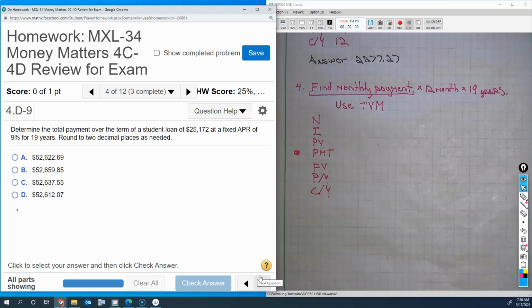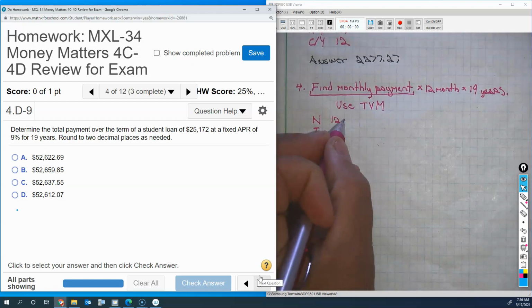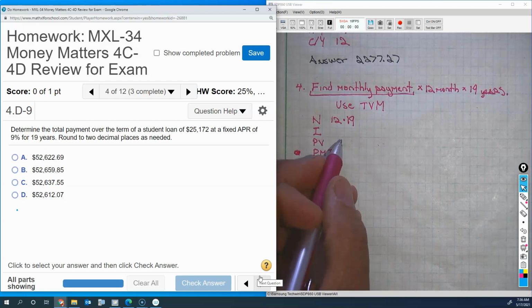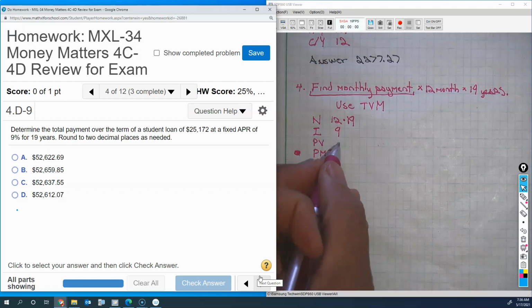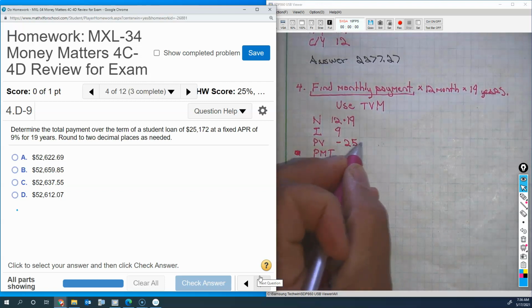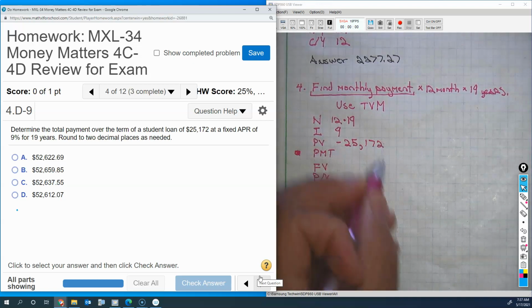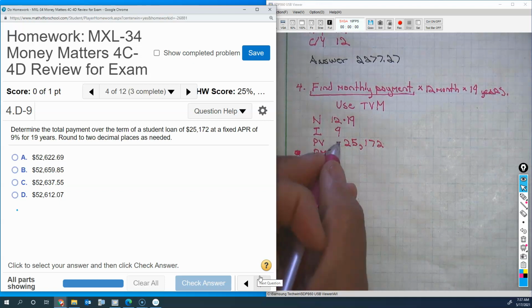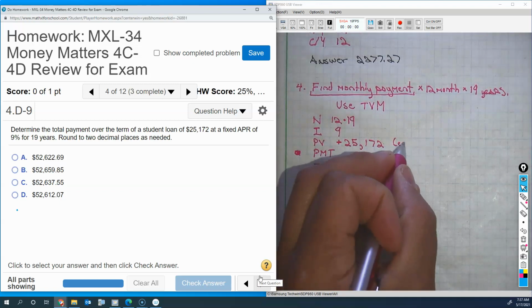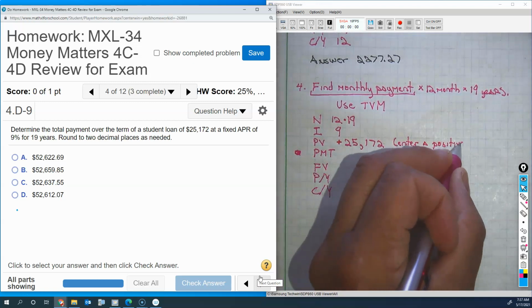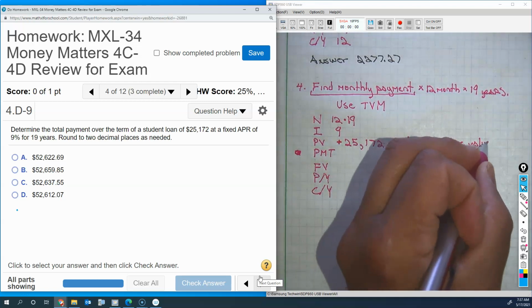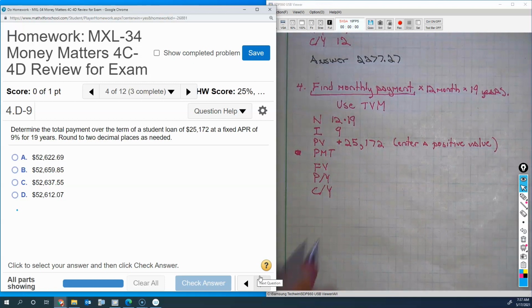Okay, all right, so let's see, we're making 12 payments for 19 years. Okay, interest rate for mine is 9%. Present value is 25172, positive. Okay, that's 0, and this is 12 and 12.